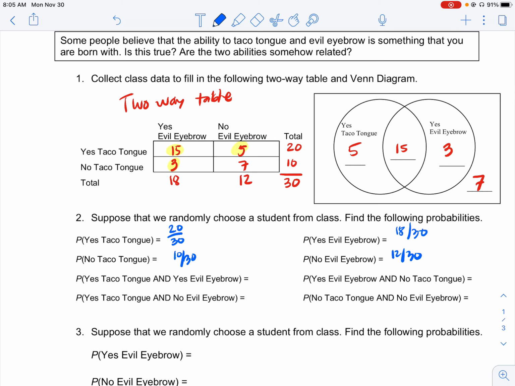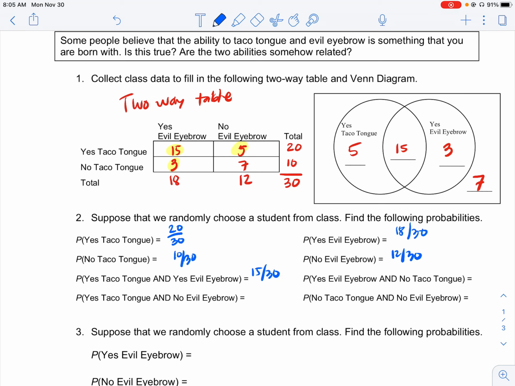The probability that they're able to do taco tongue and at the same time they're able to do an evil eyebrow. So the probability that they are yes evil eyebrow, yes taco tongue, that is 15 out of 30.